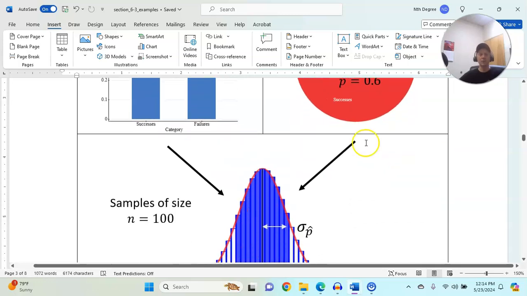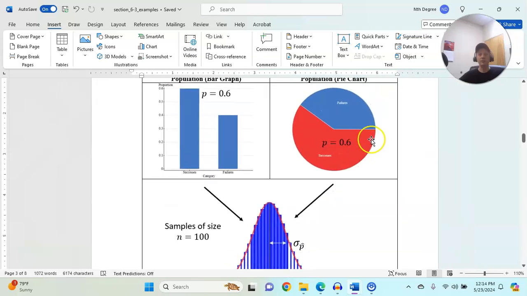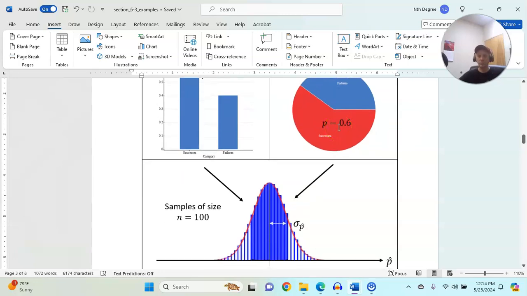All right, so what we're going to do is draw a sample of 100 from this population. Let's model it by throwing darts at the dartboard. I throw 100 darts at this dartboard. 57 of them are successes. Okay, so now I have one sample proportion. I take that one sample proportion, a new grain of sand, and I put it on this pile.